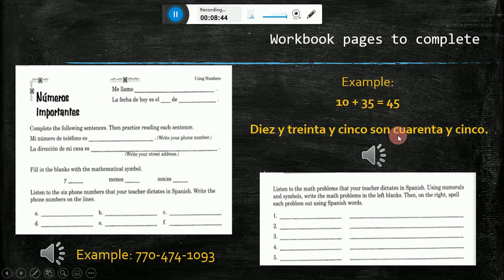Then 45 for 45. Okay, so I'm going to read you the math problems that you will write for 1 through 5. You have more on your worksheet, but I only want you to complete up to number 5. Okay, so for number 1, 1 y 5 son 3.